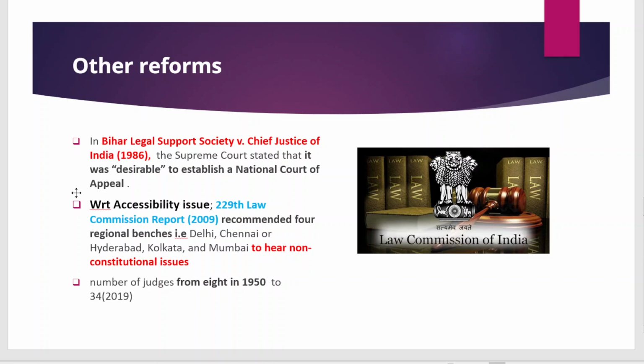And there are other reforms which have been suggested, like in the Bihar Legal Support Society versus Chief Justice of India 1986 case. The Supreme Court stated that it was desirable to establish a national court of appeal. Now, understand the perspective given in this judgment. Why did the Supreme Court talk about a National Court of Appeal?